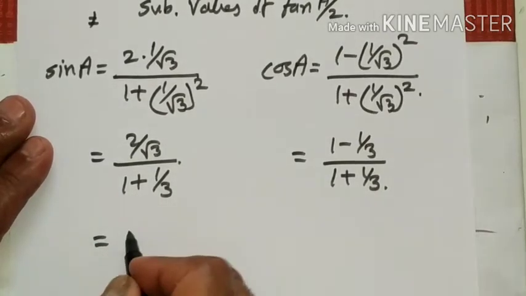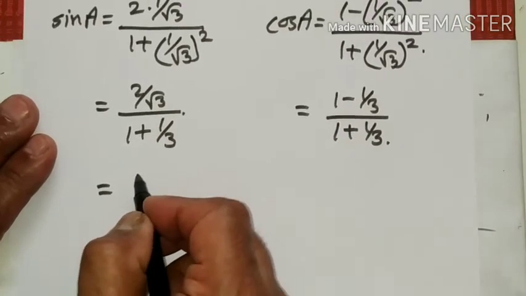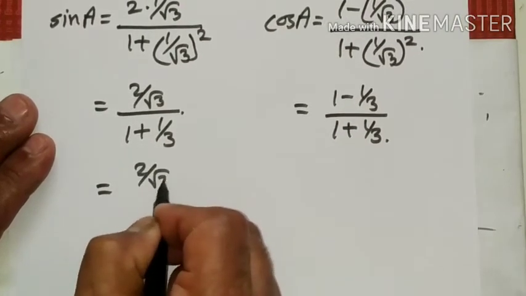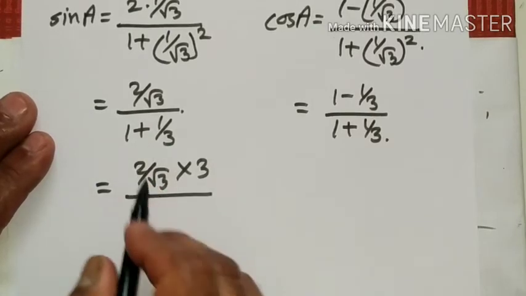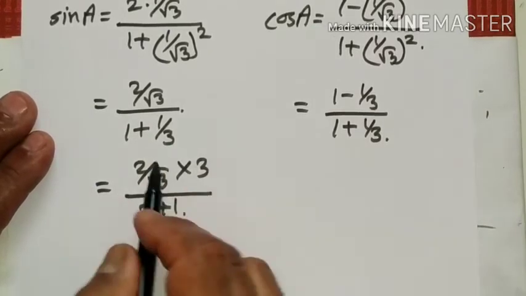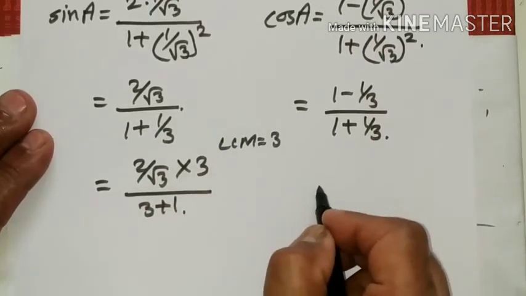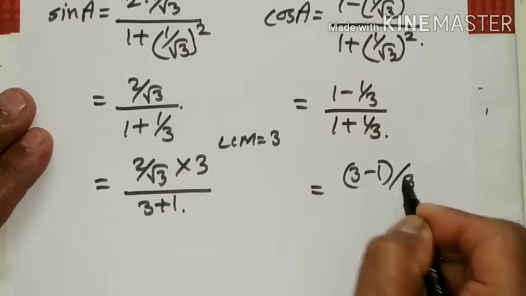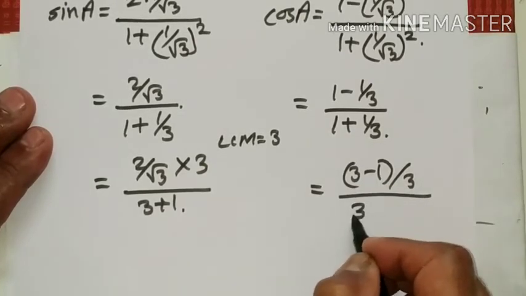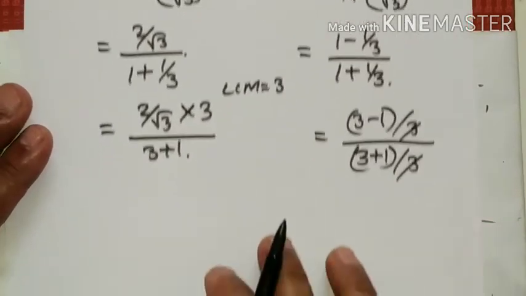Then 2 upon root 3 into 3 divided by 3 plus 1, LCM is 3, which is 3 minus 1 divided by 3, 3 plus 1 divided by 3, 3 get cancelled.